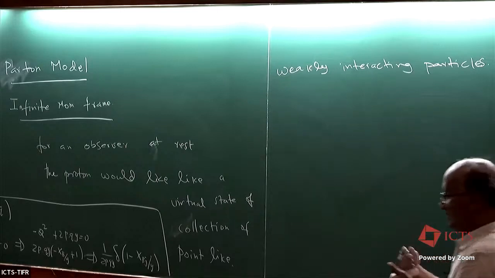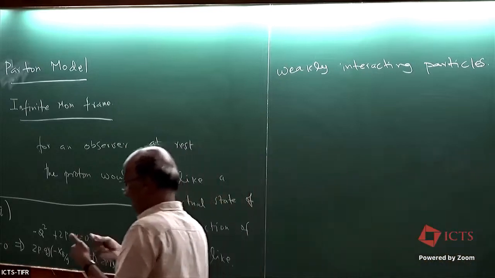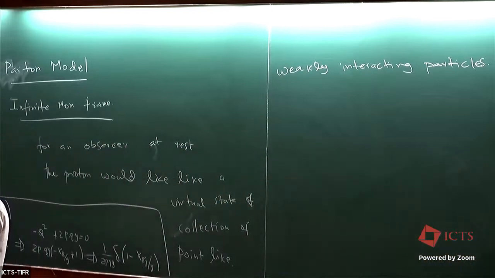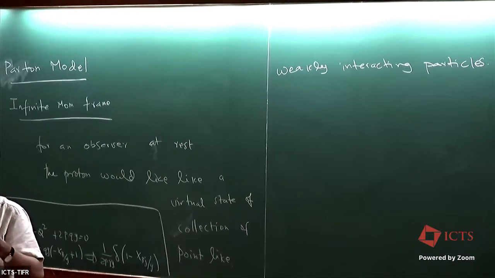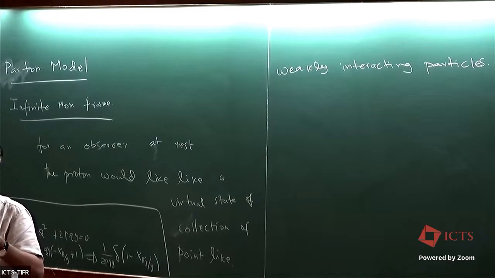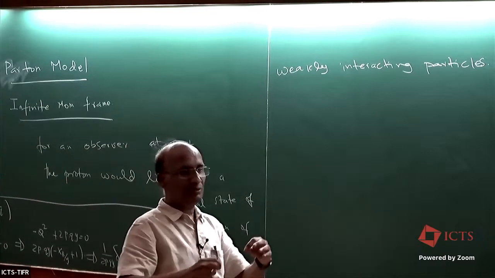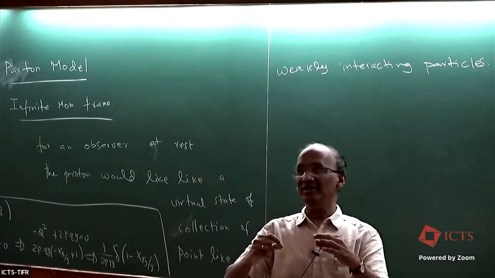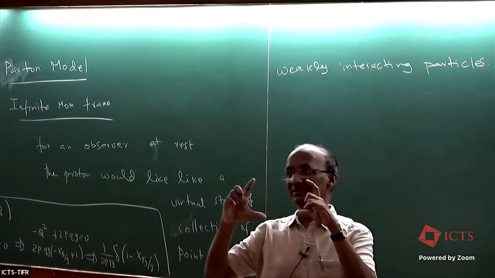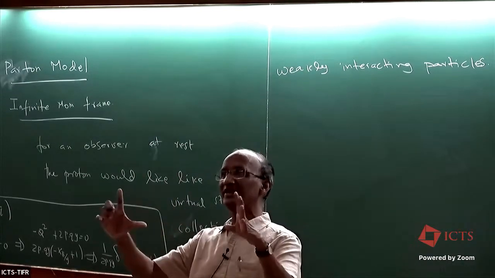If you assume that the time scale of the various states that you see in the proton is much larger than the time scale of the interaction, then literally the photon will see the proton as one state, some kind of unique state.